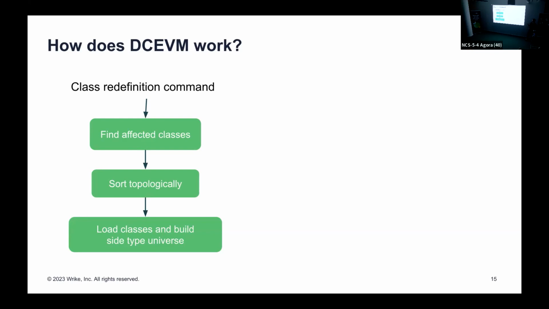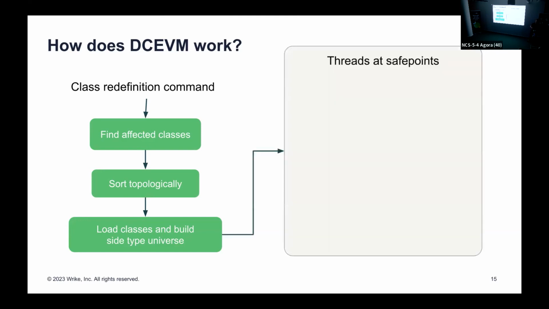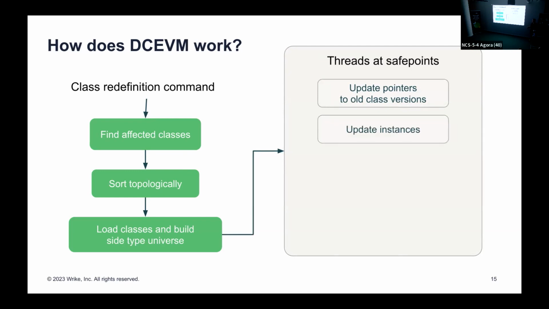And actually, the JVM is still up and running, meaning our program on the JVM is still up and running. But now we want to stop it to perform several operations with the data. So we ask all threads to stop at safepoints. The first operation is to update all the pointers from old class versions to the new class versions. The next step is to update instances which should be either decreased in size or not changed in size.